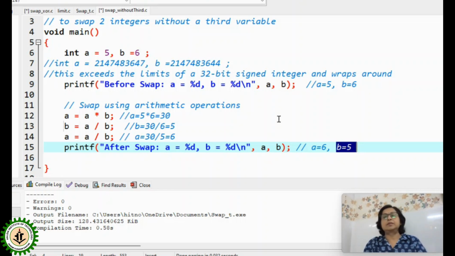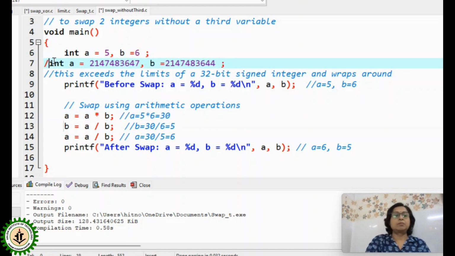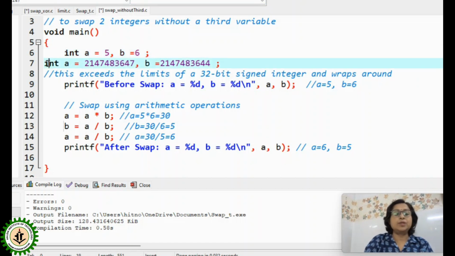Yes, it is done. Okay, now let us check with these two numbers. We have checked with 5 and 6. Now we are checking with two huge numbers. Let us execute it and show you.